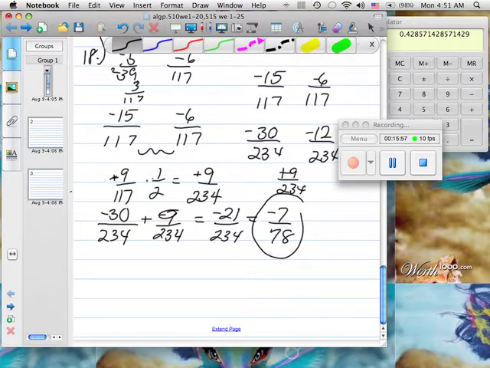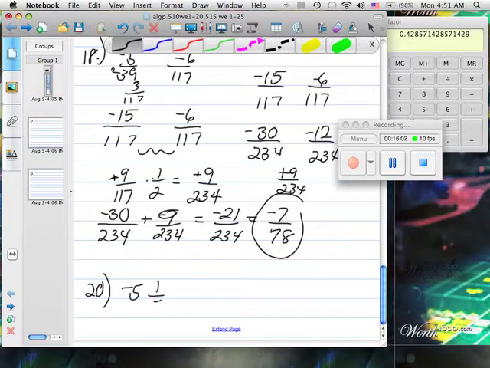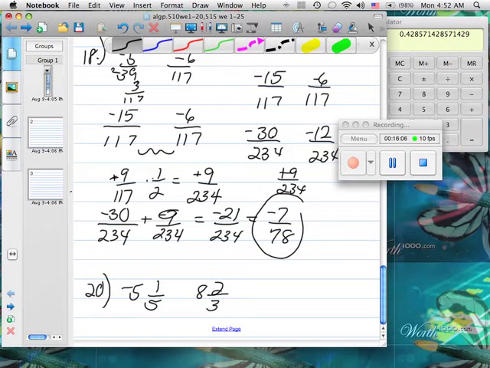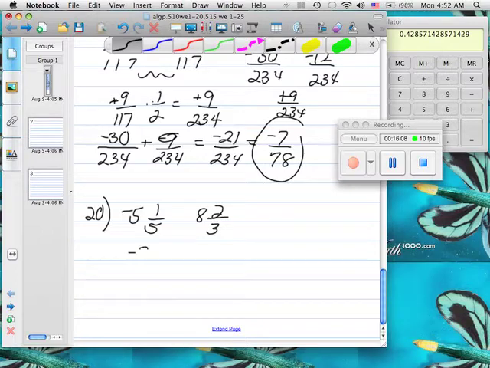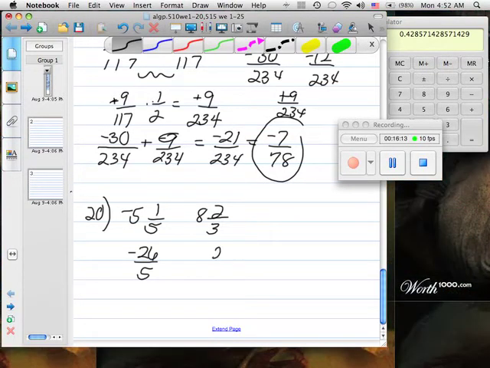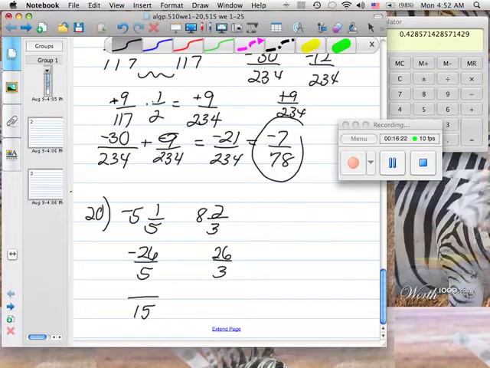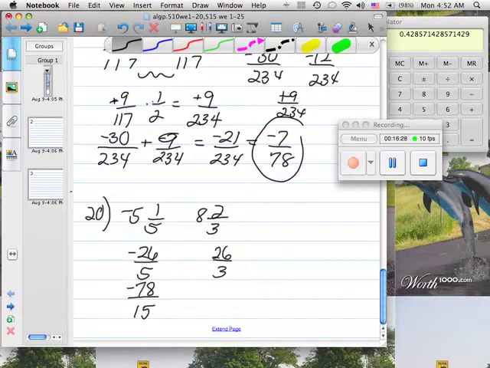Problem number 20, we have negative 5 1/5 and 8 2/3. First thing to do is change them into fractions, so this would be negative 26/5, and this would be 3 times 8 is 24, 26/3. And then find the least common denominator, which is 15. 5 goes into 15, 3. 3 times 26 is negative 78.